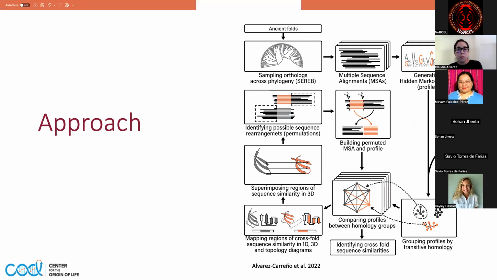It looks a little bit complicated, but basically what we wanted to do is take many proteins that we know are very ancient, that can be traced back to the last universal common ancestor, and then gather all the information from the diversity in the tree of life and represent it in the form of protein profiles, which is just a representation of this diversity, and then form groups. And these groups will inform us whether or not there has been a fold evolution event.